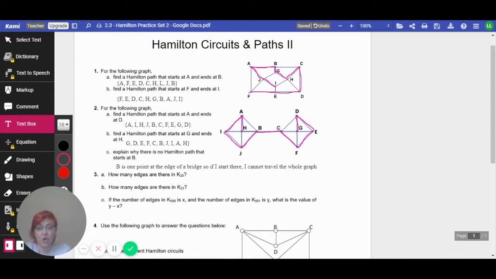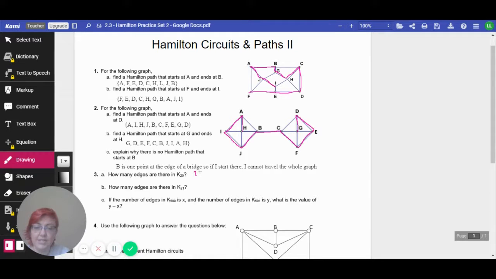All right. How many edges are there in a K20? To my drawing, I know that the number of edges found in a complete graph is found by doing n times n minus 1, divided by 2.